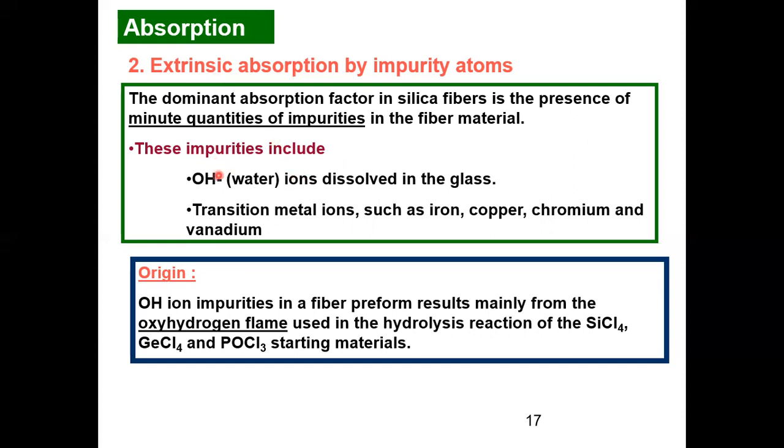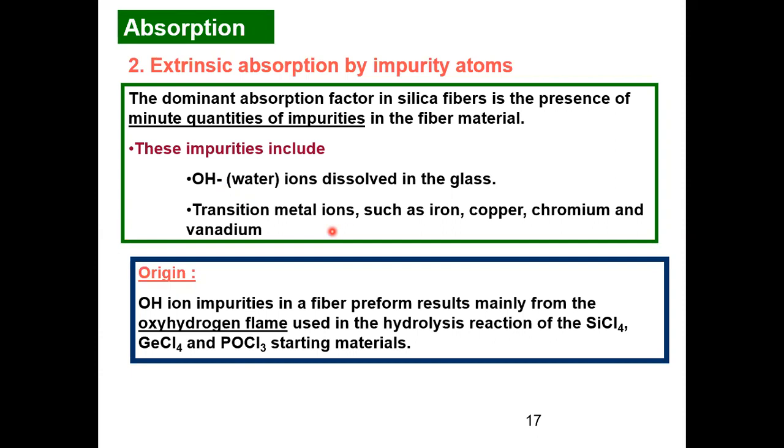So now what are these external impurities that are present? There might be OH or water ions dissolved in glass, or some transition metal ions such as iron, copper, chromium, and vanadium. Now you might feel that we had the fiber melting and all, but remember it's a process.